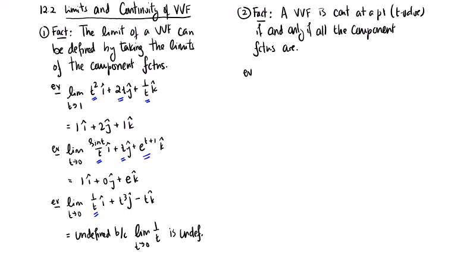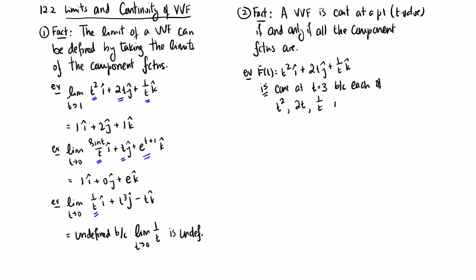So for example, if we write down a vector valued function f of t equals t squared i plus 2t j plus 1 over t k, this is continuous at t equals 3, because each of t squared, 2t, and 1 over t is continuous at t equals 3.